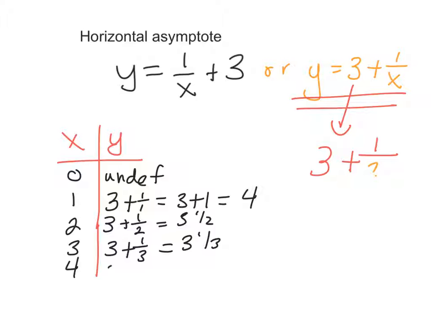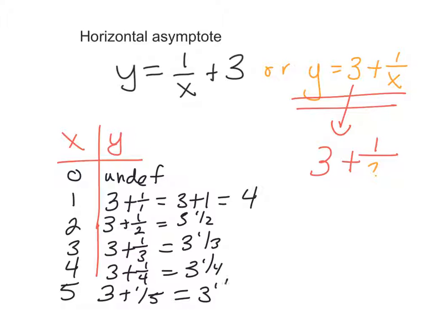When x is 4, we have 3 and we add 1 over 4, so now we have 3 1/4. And last time, if we put x as 5, we're going to have 3, and then we're going to add 1 over 5, excuse me, that leaves us with 3 1/5.